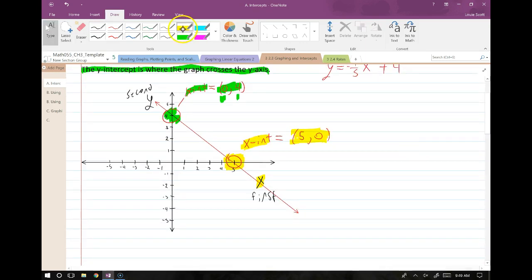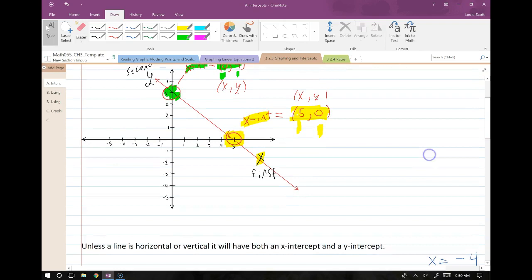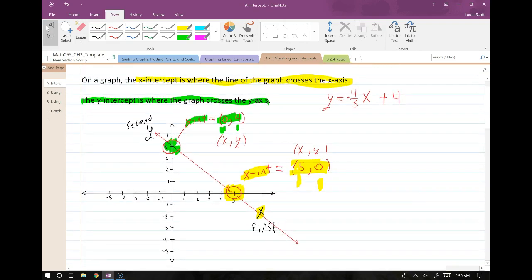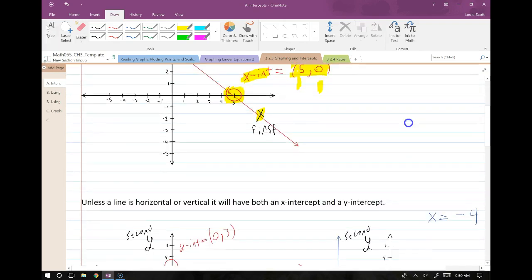For the x-intercept, x is equal to 5, but y is equal to 0, right? Because this is the way that we make our pairs, x, y. Okay, so that's what the y and x intercept look like.